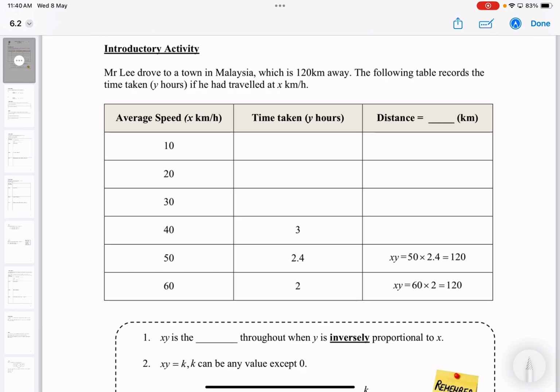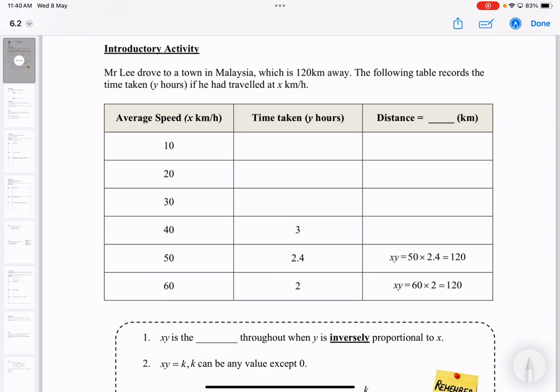So we realize that there is an inverse relationship. The faster you move means the variable in terms of speed increases, but in terms of time it takes, it becomes less. So it is a little bit different from what we learned yesterday. This concept you need to be very familiar with.